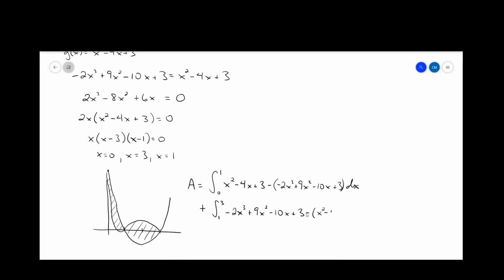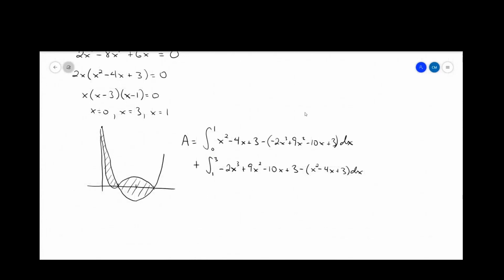Because one of them will be negative if you don't decide that one of them is a bigger function. Okay, so there's the two integrals that we have to figure out.